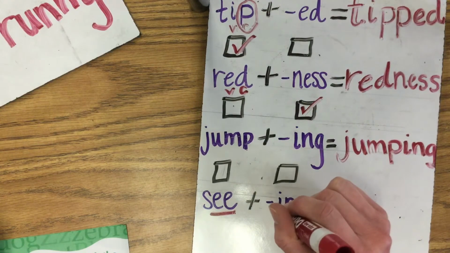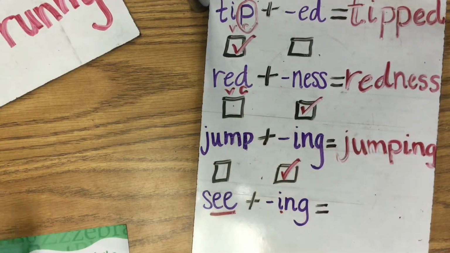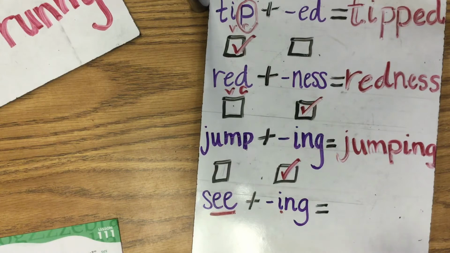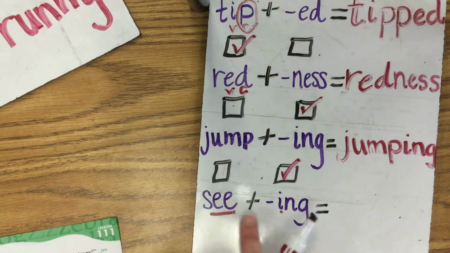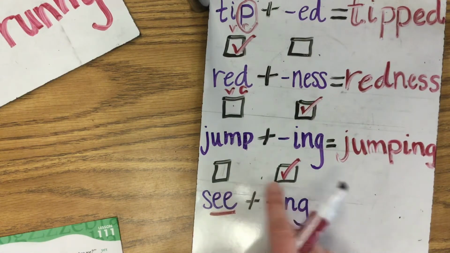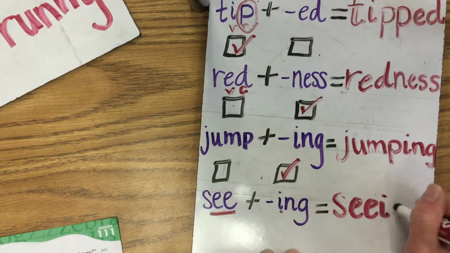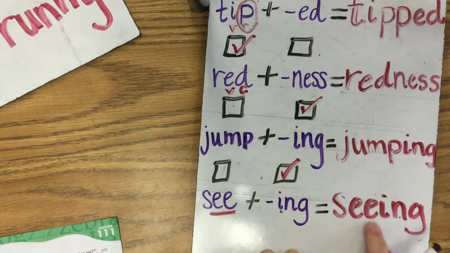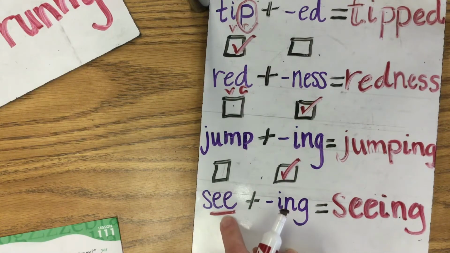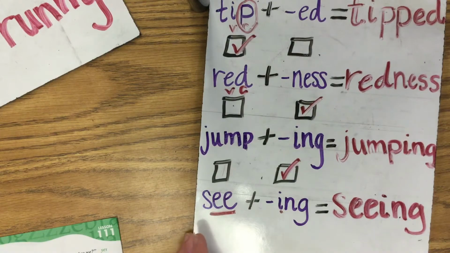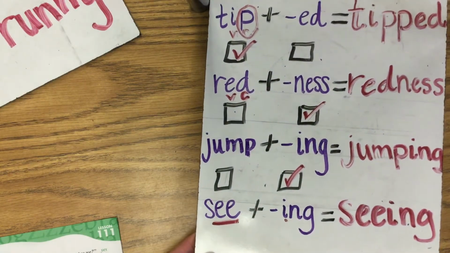Is it a vowel suffix? Yes, it is. So we're going to put a check. So we have C plus ing. We only have one check, so we're just going to slap it together. Now it looks like we doubled, but we really didn't because that's our digraph EE. All right, let's try some on our worksheet.